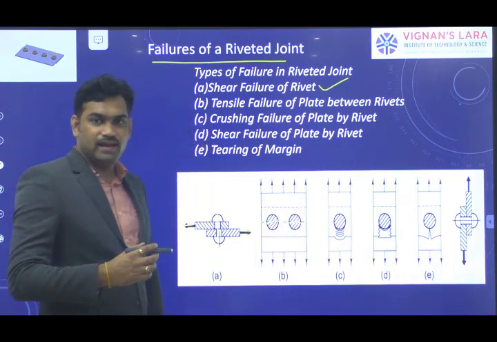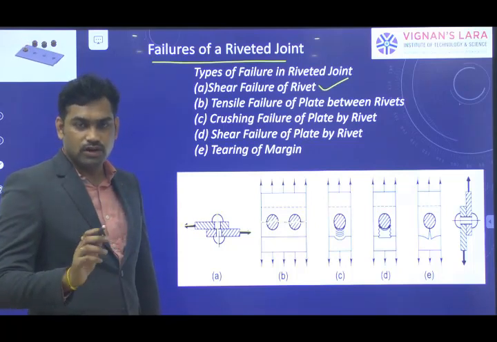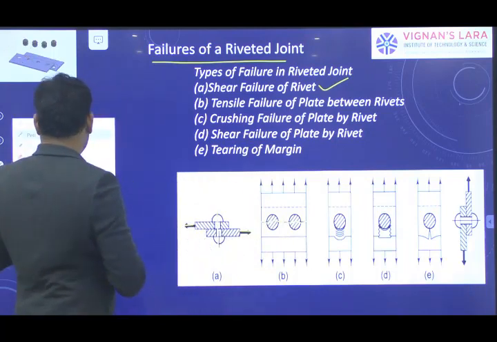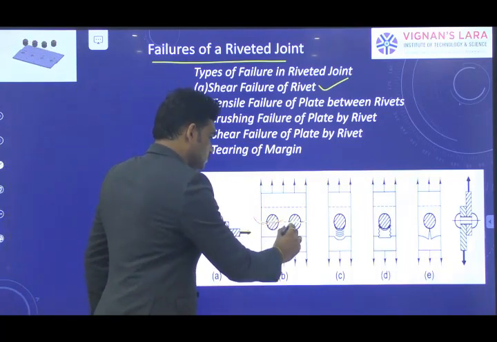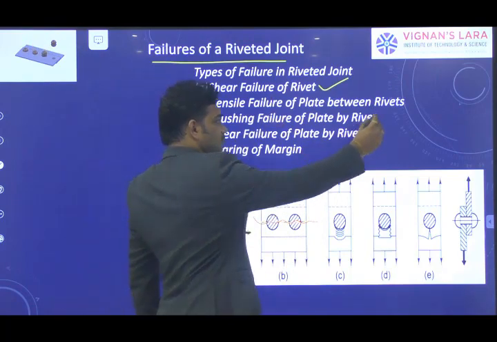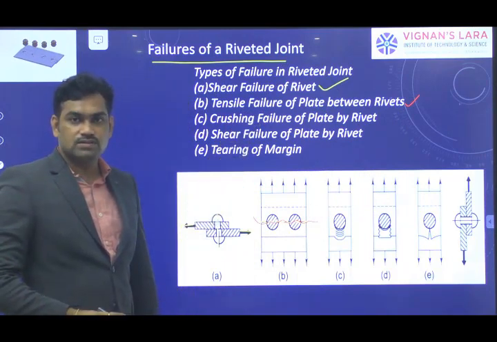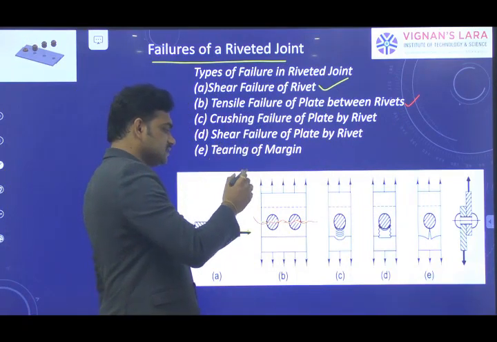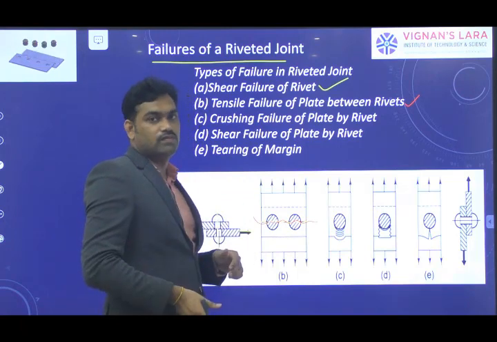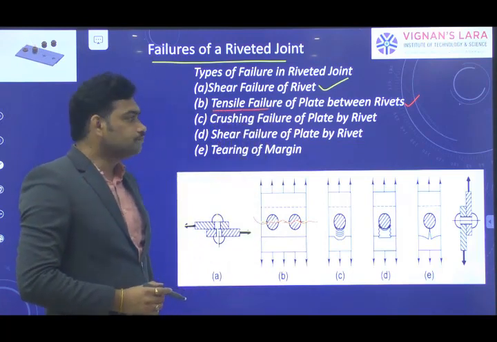It can tear across the row of rivets or across the holes we have drilled. We call it tensile failure of plates between the rivets, that is, across the line of the row of rivets. The plate can fail in tension across the row of rivets. That we call tensile failure of plate.